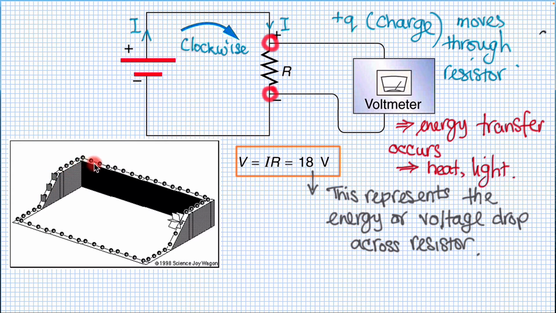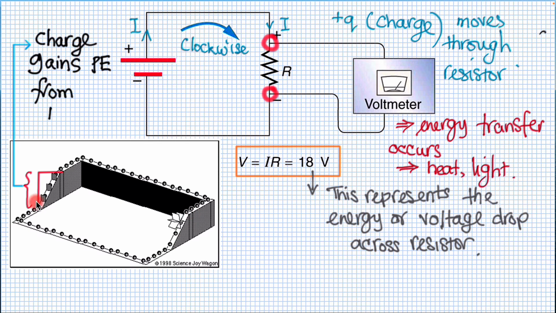Now, as it runs along the conductor, it doesn't lose energy. There is no kinetic energy lost because there is no difference in potential energy at any point. But when it gets to the resistor itself, it rolls down this hill, gives up the energy to the resistor, so there is a potential drop across this path here.